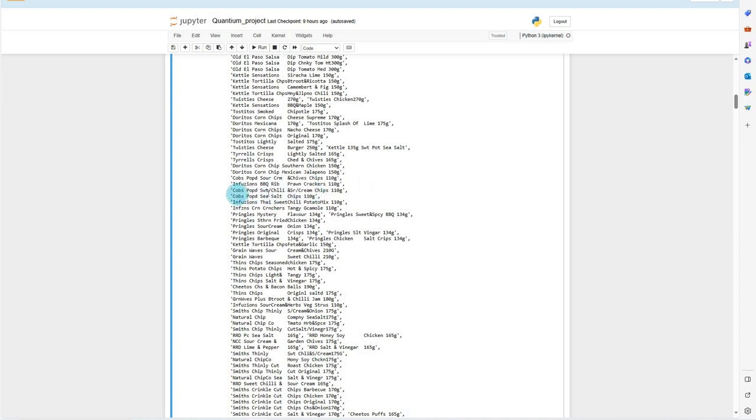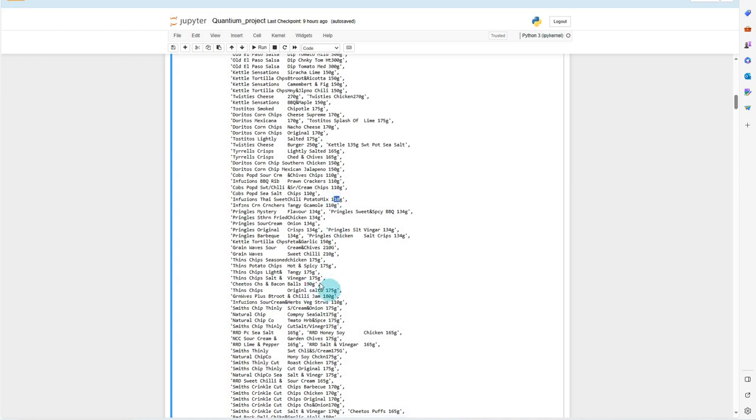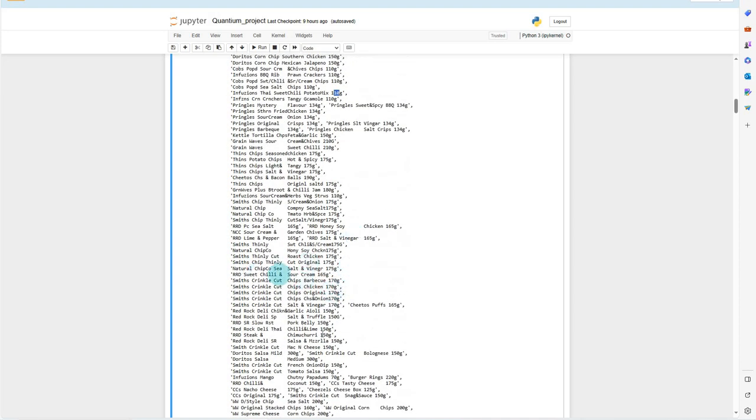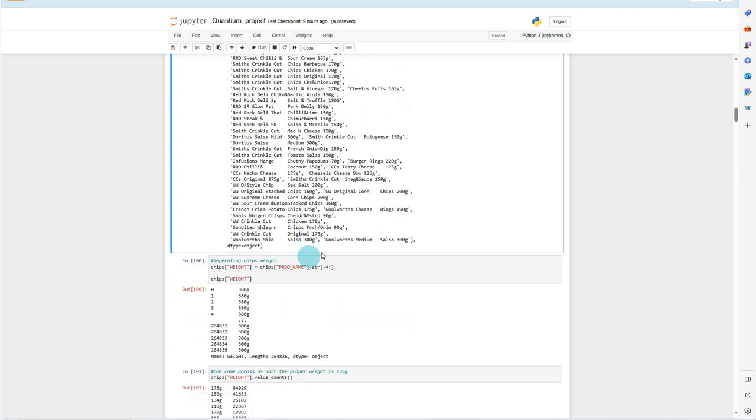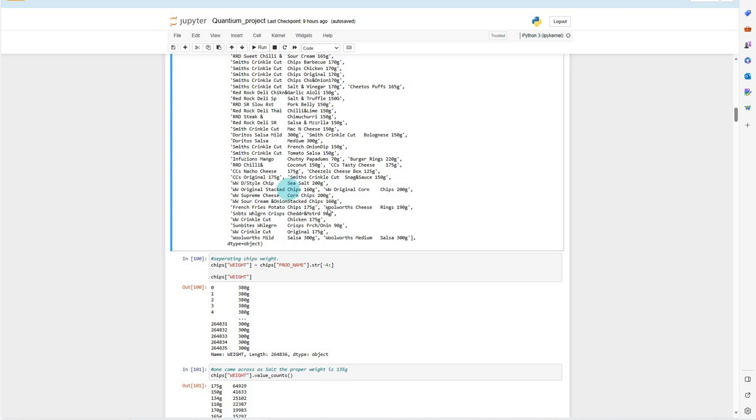For example, Cobs Sea Salt, and then Cobs Sweet Chili, and then the weight of the bags. So I wanted to split this up and make a brand column and a weight column, so we could do further analysis on the chips and the sizes.